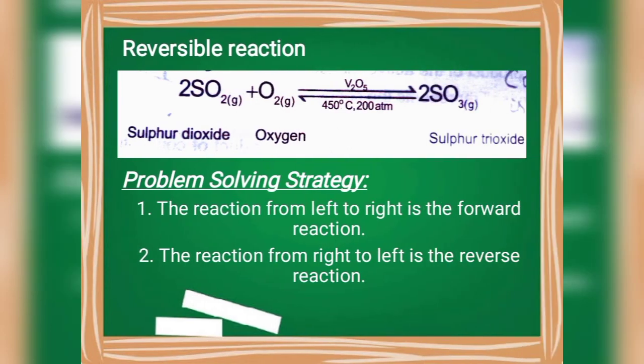How to solve this problem? Students, remember that the reaction from left to right is the forward reaction and the reaction from right to left is the reverse reaction. So it is very easy.